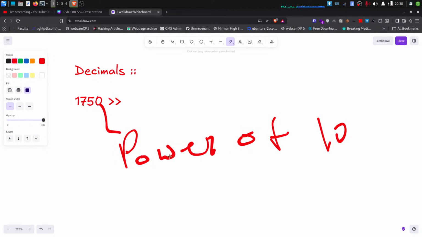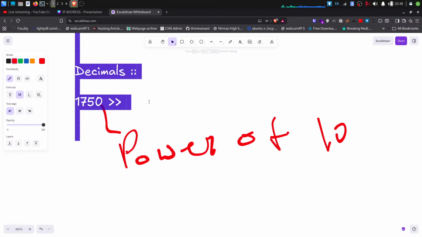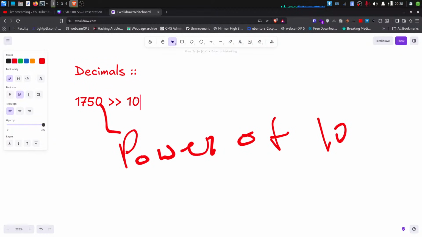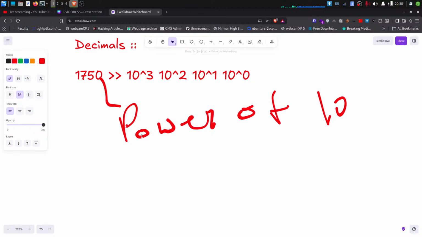For the number we have used here, it would be 10 to the power 3, then 10 to the power 2, then 10 to the power 1, and we start from the right side, so that's quite opposite, and 10 to the power 0. This is how humans understand decimals.